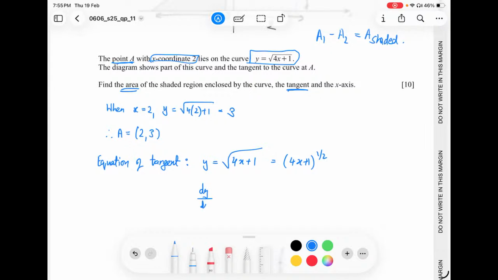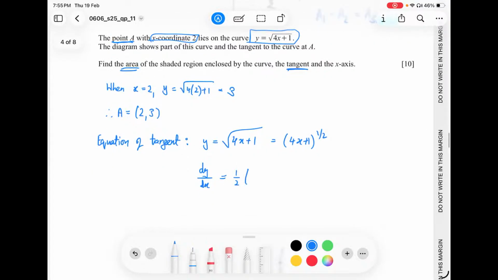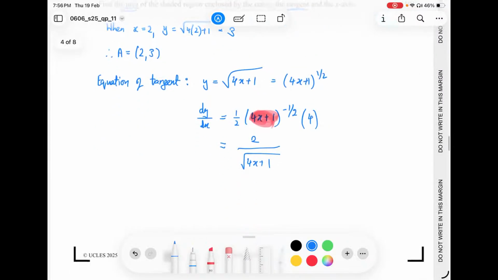Now dy over dx is going to give you: bring down the power, write the expression as it is, reduce the power by 1, and you need to remember to differentiate the inside. So that's going to give you 4, so 2 times (4x plus 1) to the negative half. In simpler terms, we can write it as 2 over root 4x plus 1.